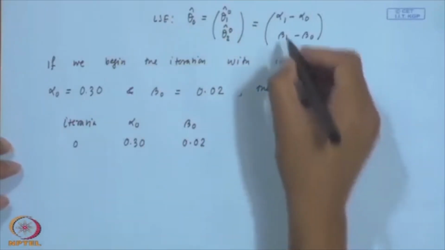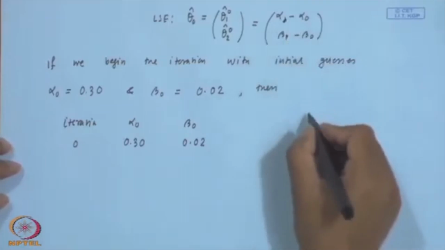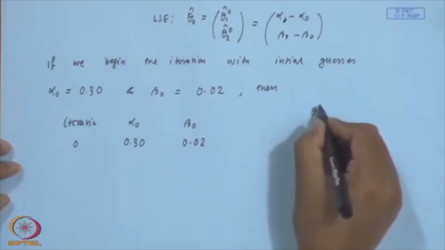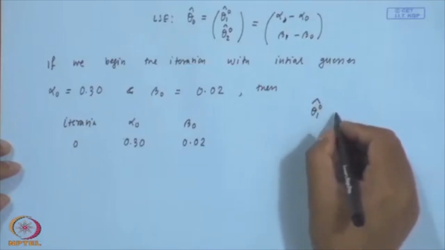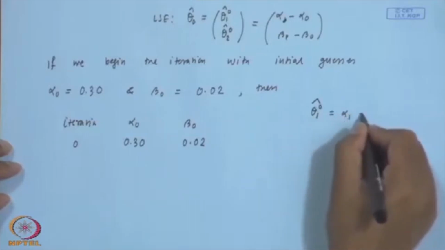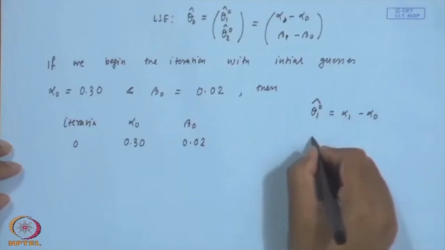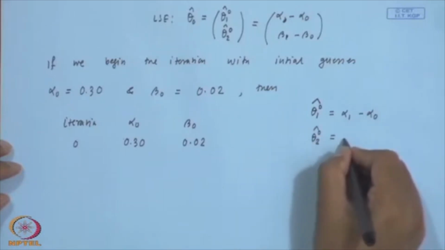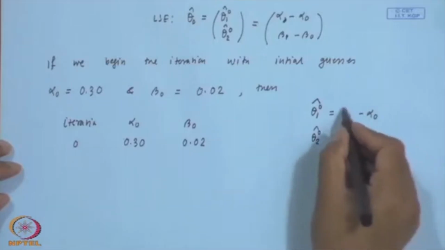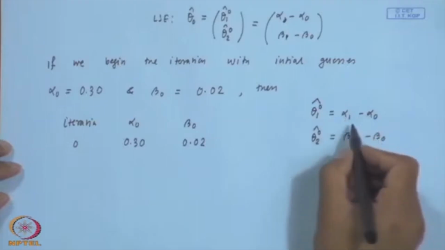And then what we do is, I should not write 1 here. What we have at this moment is theta1 naught hat, which is equal to alpha minus alpha naught, and also we have theta2 naught hat, which is equal to beta minus beta naught.